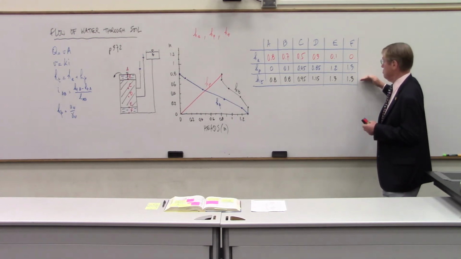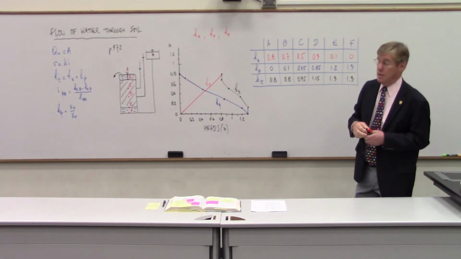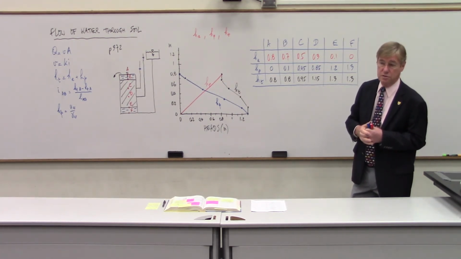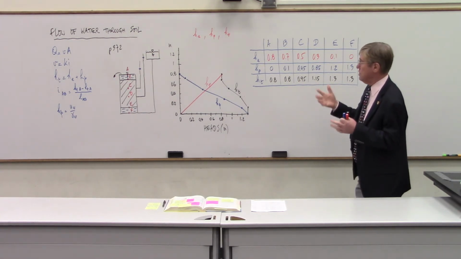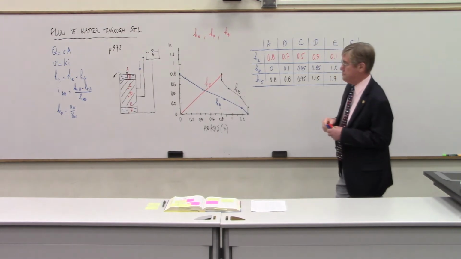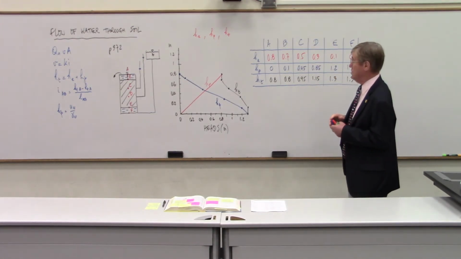And the solution to the total head is where we need to use flow nets, which are a graphical solution to the governing differential equation. So we will look at this next time, but at least this example gives you a good sense of what these heads are and how they behave.